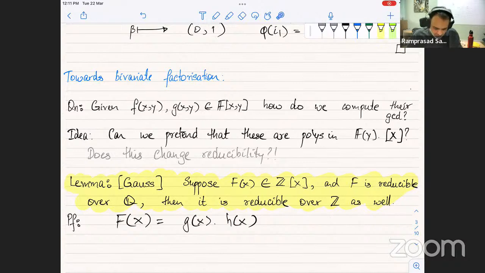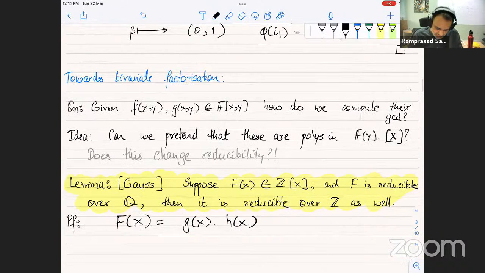Okay, I want to claim that if there is an expression of this sort, then there is actually an expression of this sort also. So that's what Gauss's lemma says. In the sense that if you're dealing with an integer polynomial, there's no reason for you to expect that the factors will somehow involve fractions.